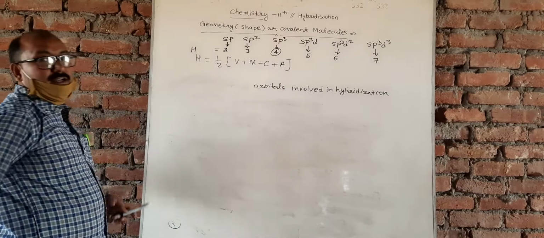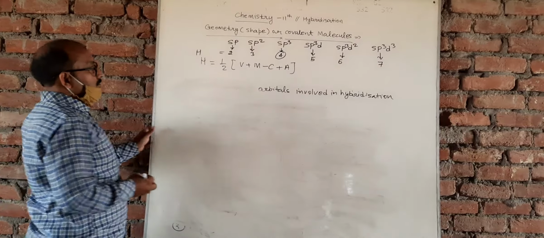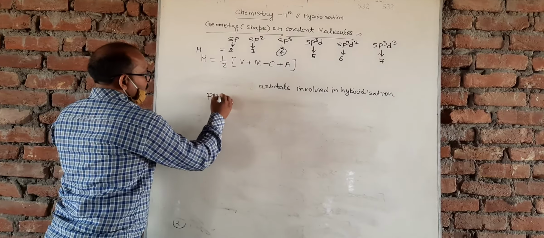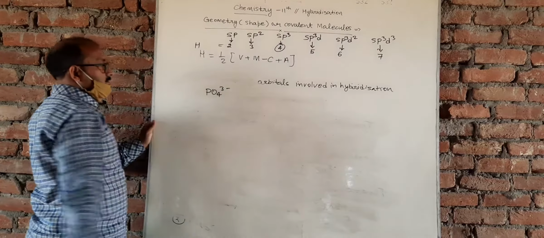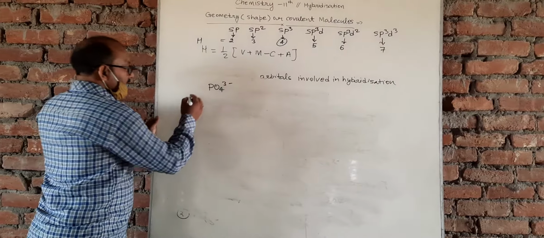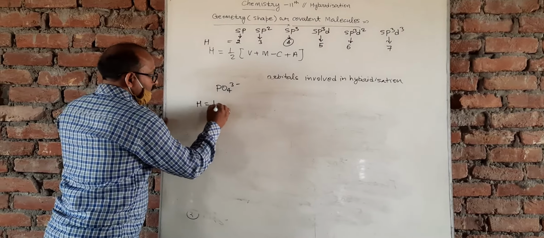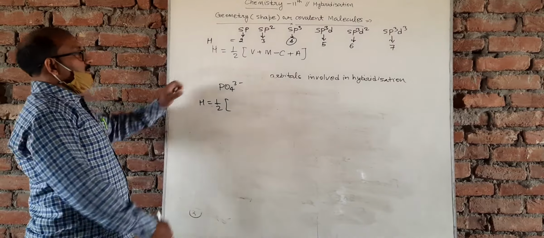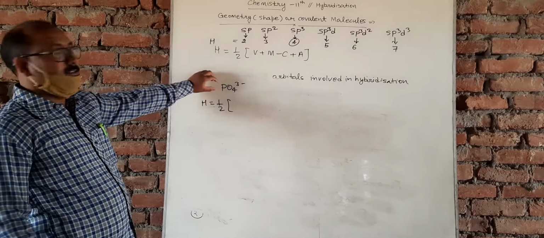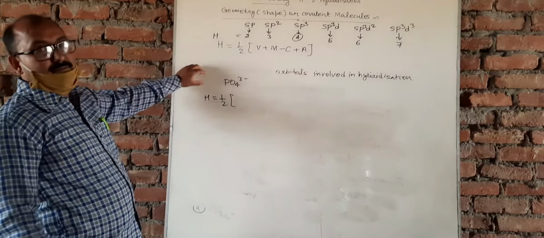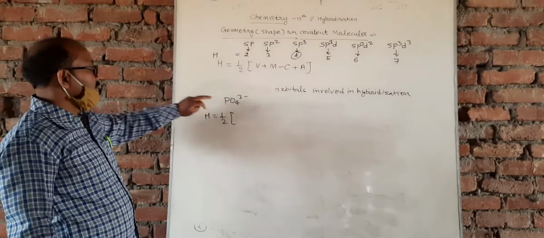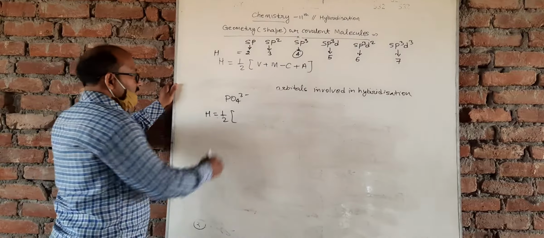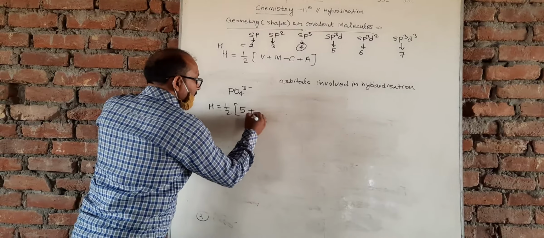Let us take another example, phosphate ion PO4 3 minus. H equals 1 by 2, and the central atom phosphorus has 5 valence electrons.